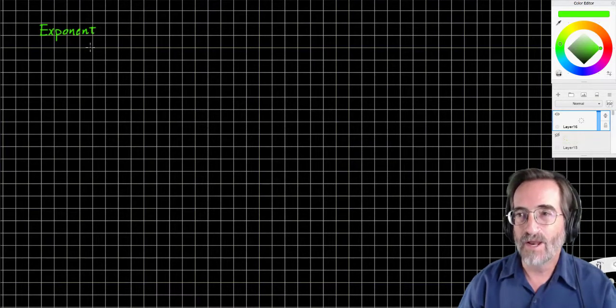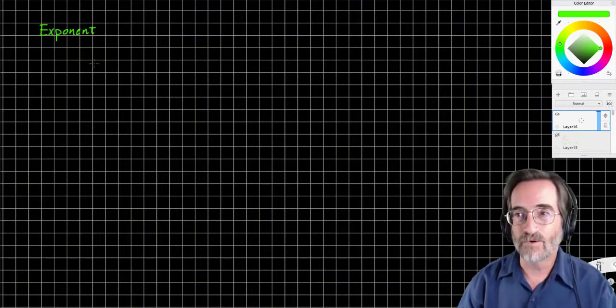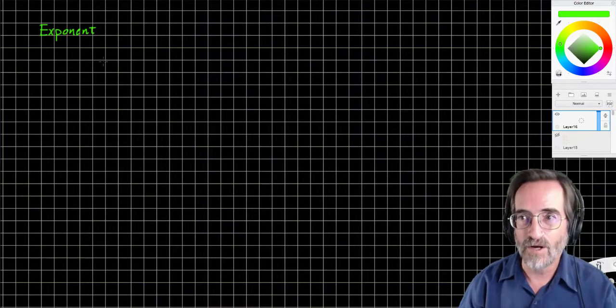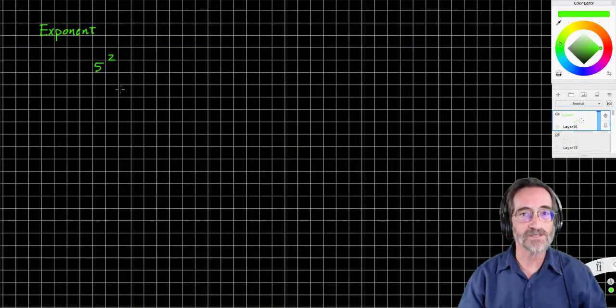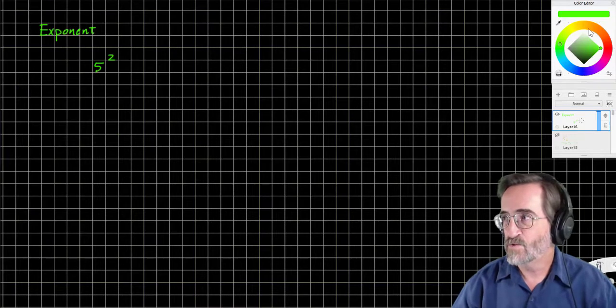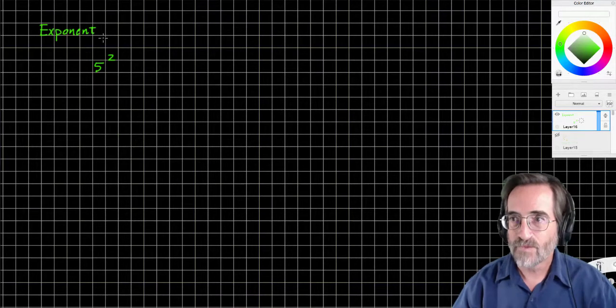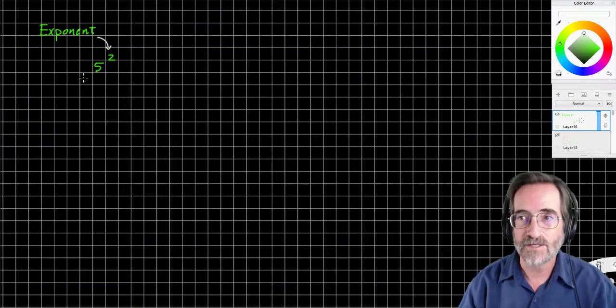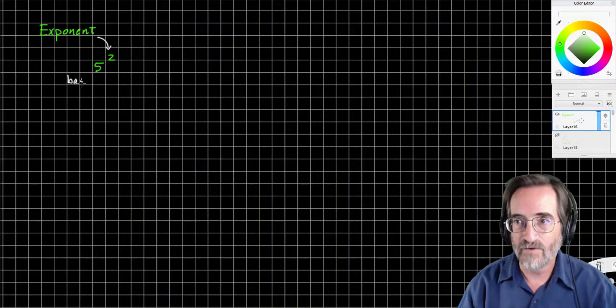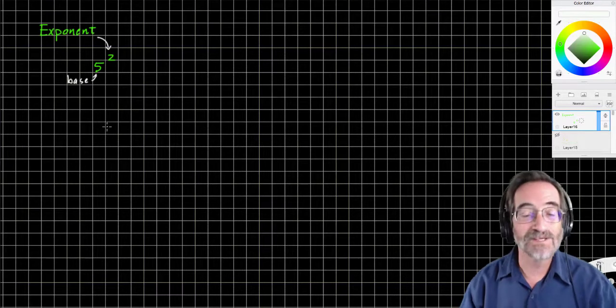An exponent is a number on another number that tells you to do something with it. So I say this is 5 to the second power. 2 is the exponent. It tells me how many times to multiply the base, which is 5, by itself.